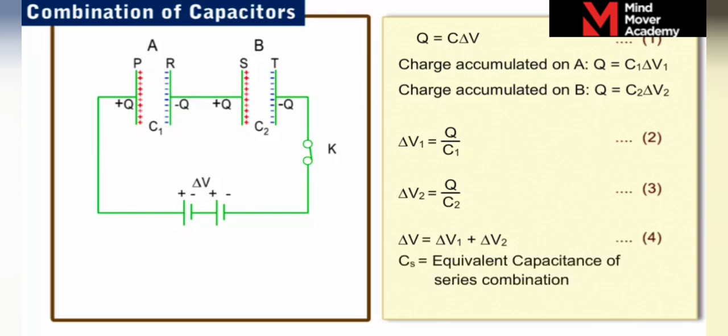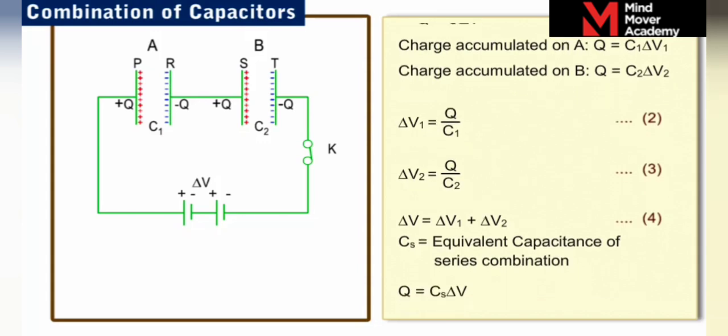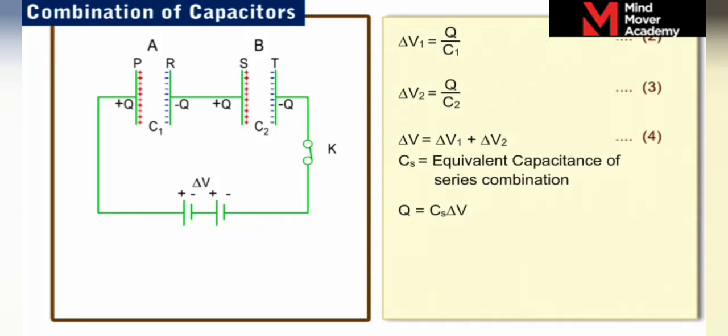Let Cs be the equivalent capacitance of the series combination of the capacitors. Then, we have charge Q is equal to Cs delta V. From this expression, we get delta V is equal to Q by Cs. Let us label it as equation 5.